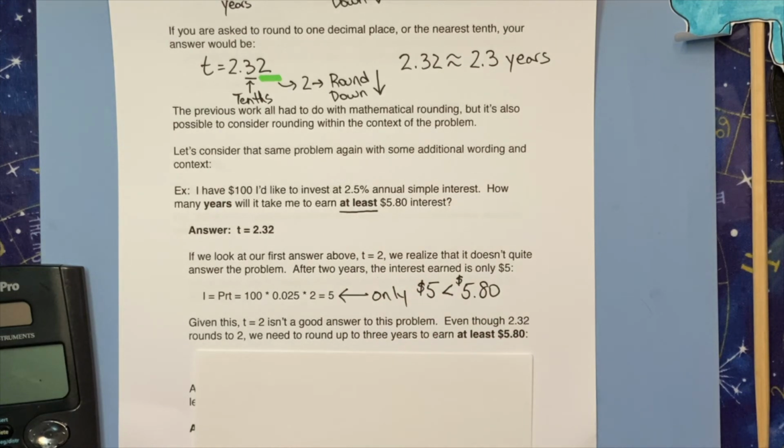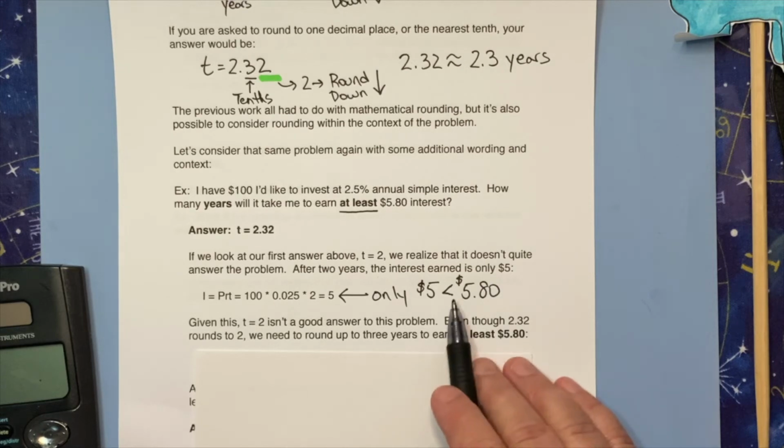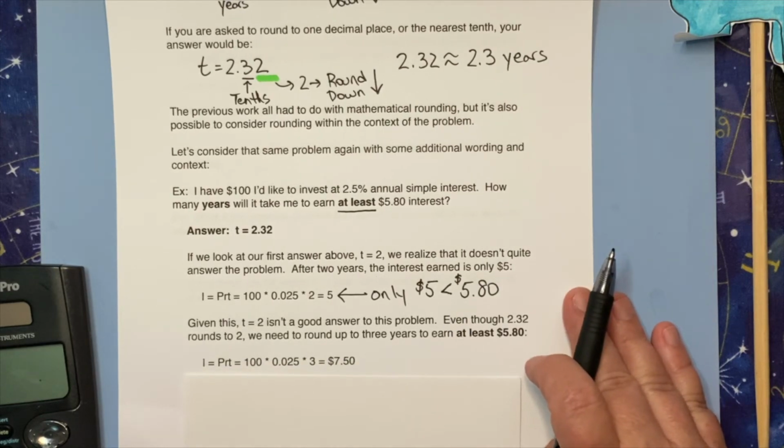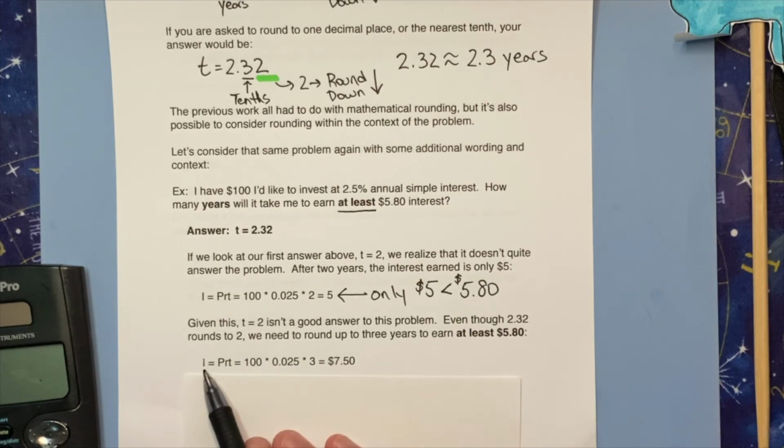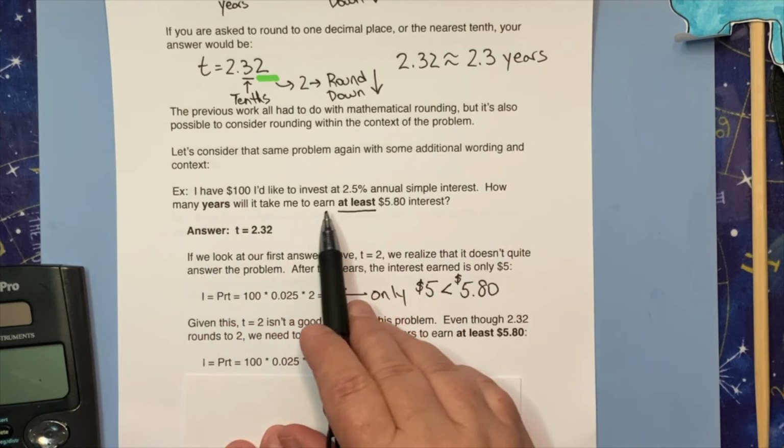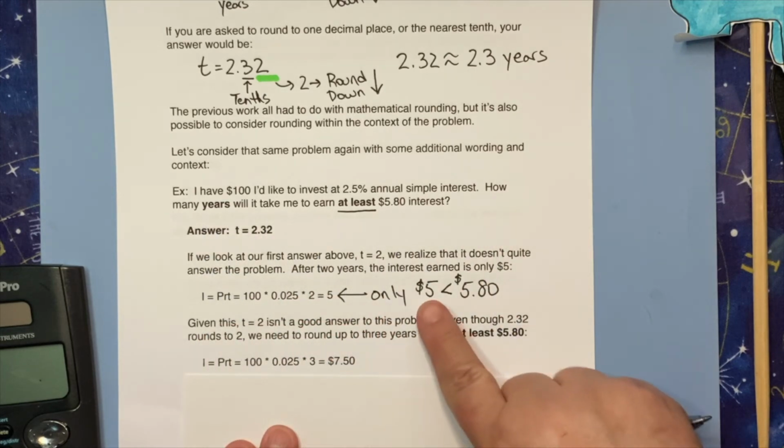Even though 2.32 rounds to 2 using mathematical rounding, we need to round up to 3 years to earn at least $5.80. So if I plug in 3 years, we're going to get $7.50. So, how many years will it take me to earn at least $5.80? 2 years?